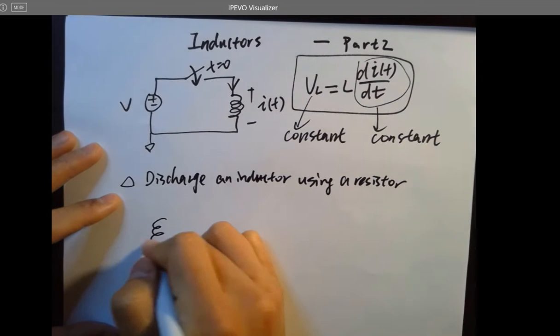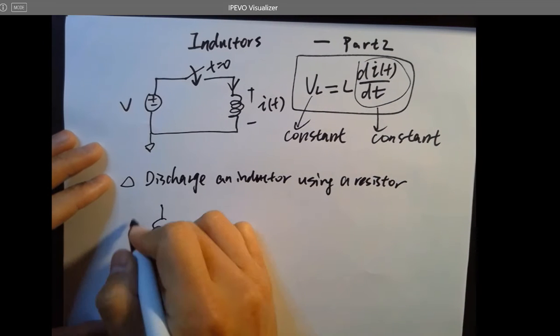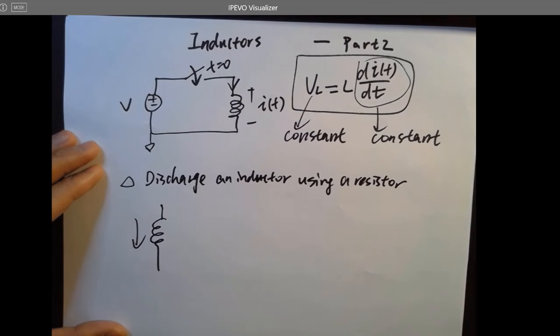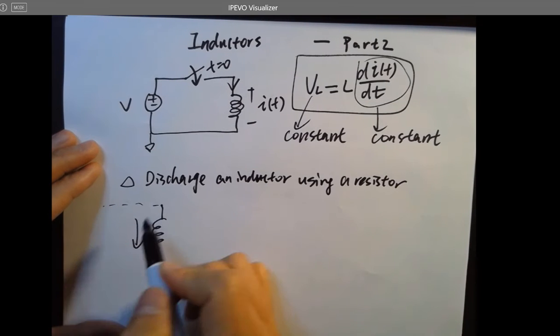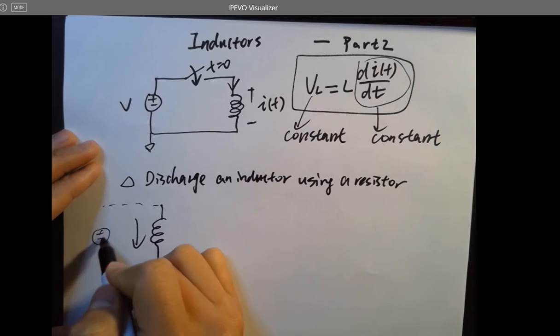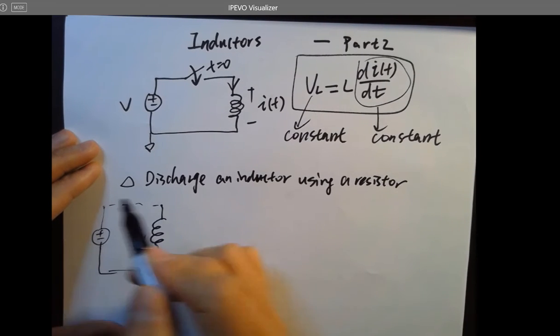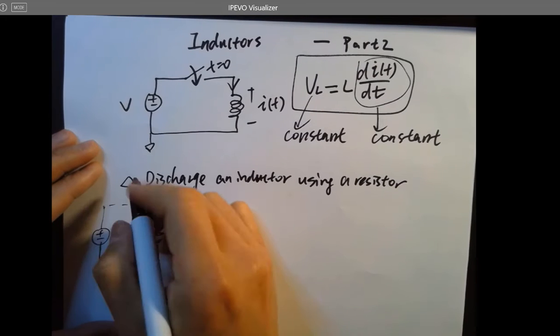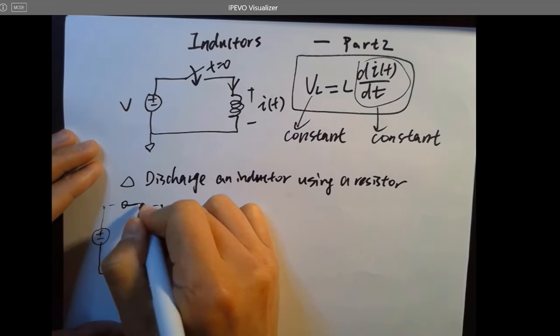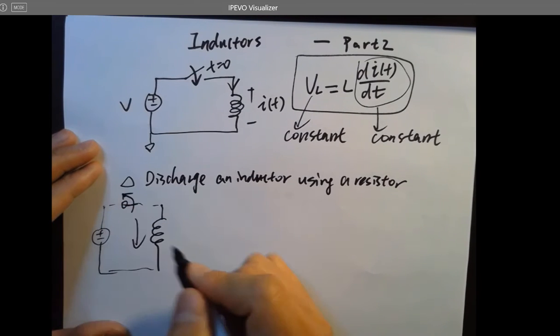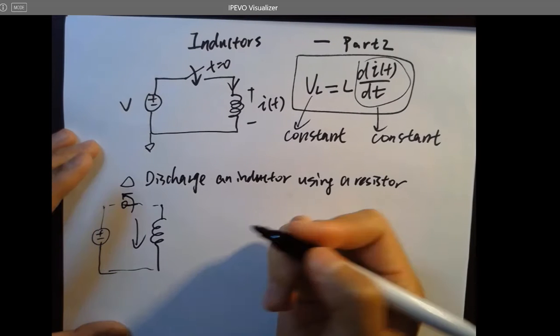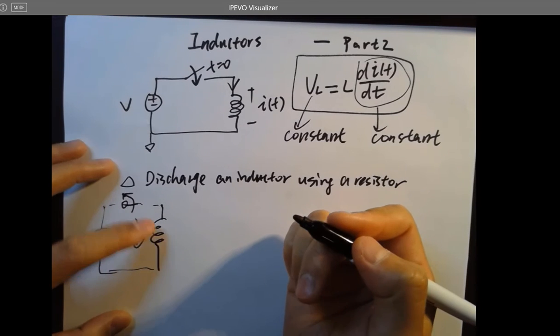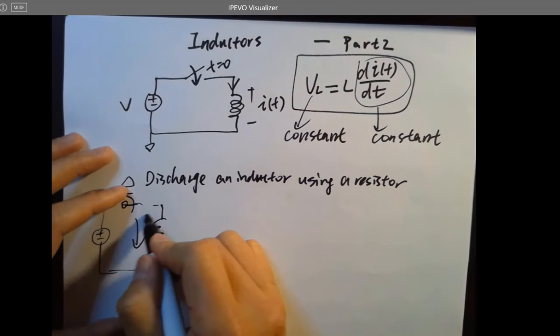So here's the inductor, originally with a current flowing inside it. It must come from a different circuit. Here you have a voltage or something to charge up the inductor previously, but at some point, here's a switch. I just open the switch, so the current will not be supplied to the inductor anymore.